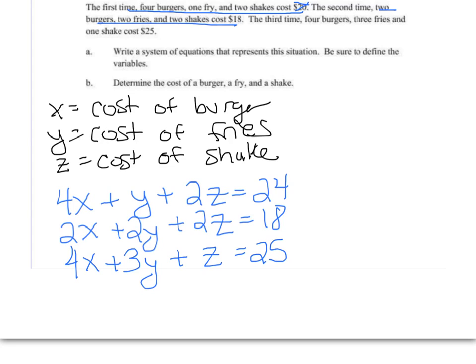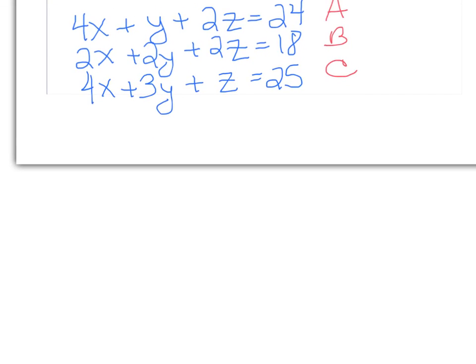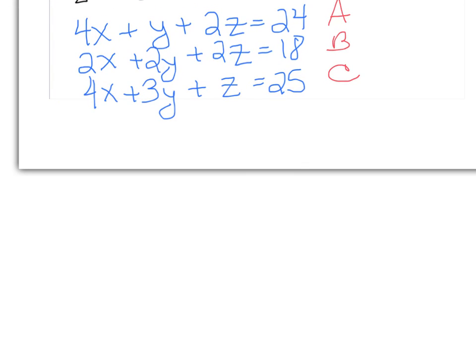I think I might do the z variables again, because if I multiply this third equation by negative 2 each time, we'll be able to cancel the z's. So I'm going to do a plus negative 2 times c and b plus negative 2 times c.